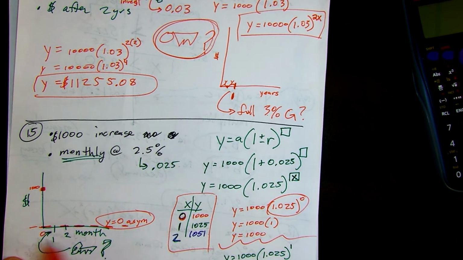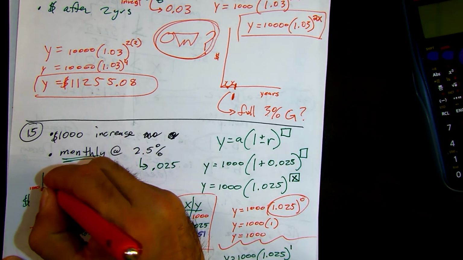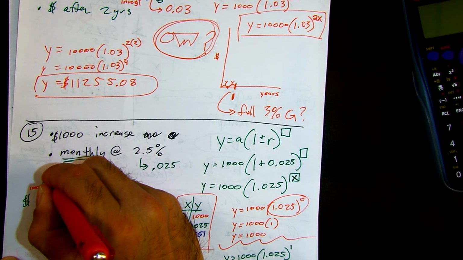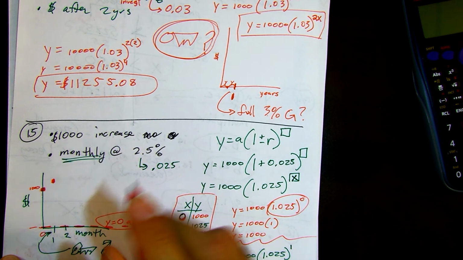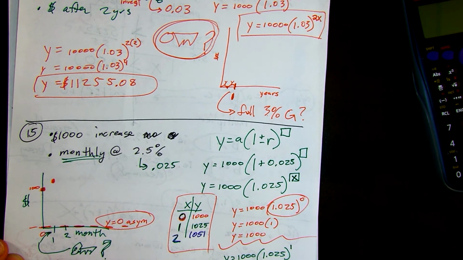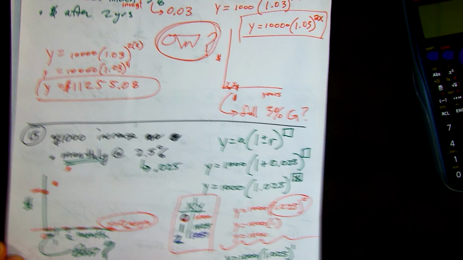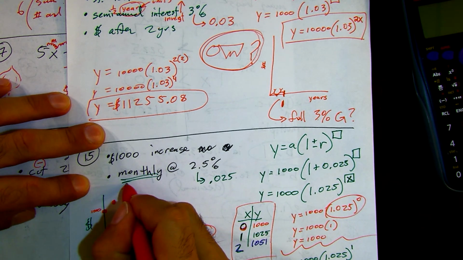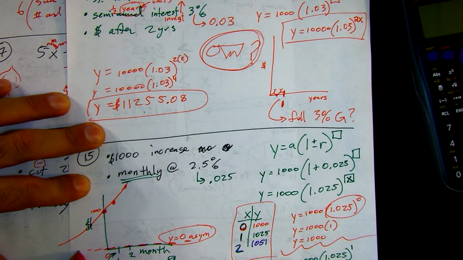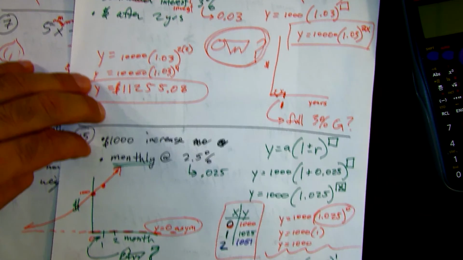Okay. Let's graph it now. 0, 1,000. We're graphing these now. Let's put 1,000 right here. 0 for x, 1,000 for y. We're going to have it for 2 and for 1. For 1, it's at 1,025.